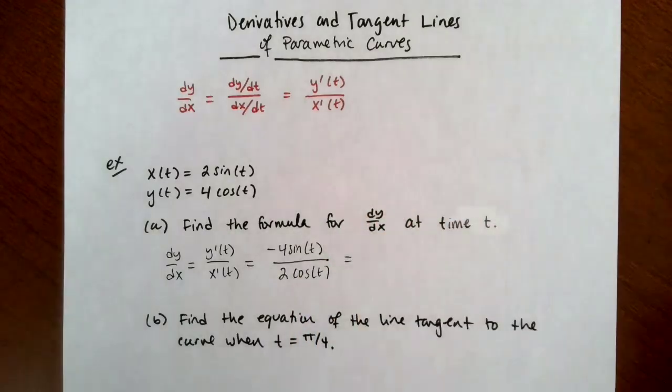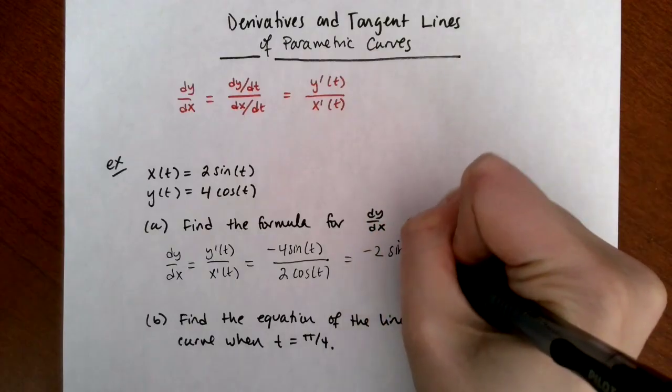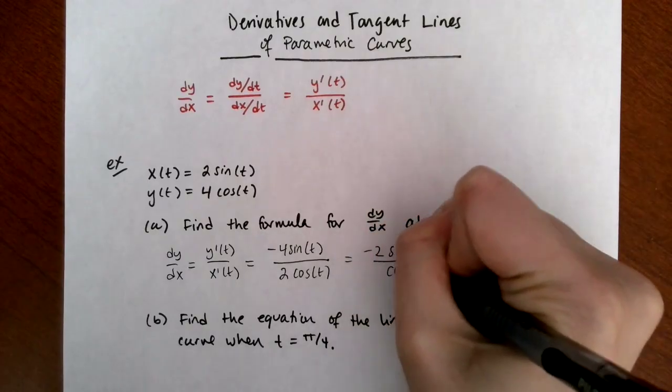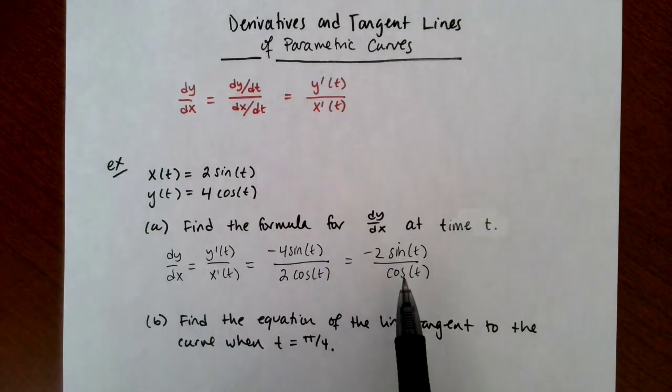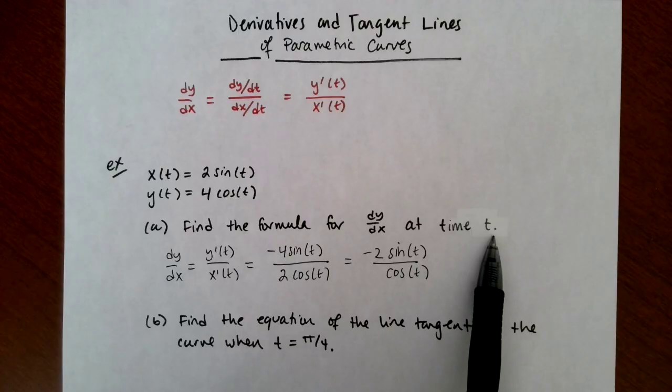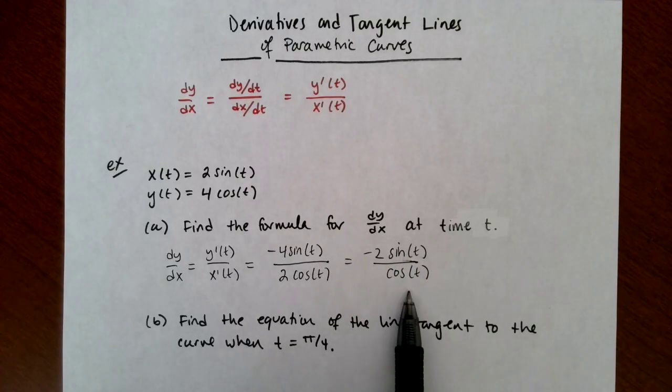We could leave it here, or we could simplify it a little bit. And that's our answer for part A. So essentially what we have here is a formula where you would plug in any given time value and compute the slope of the tangent line from this formula.